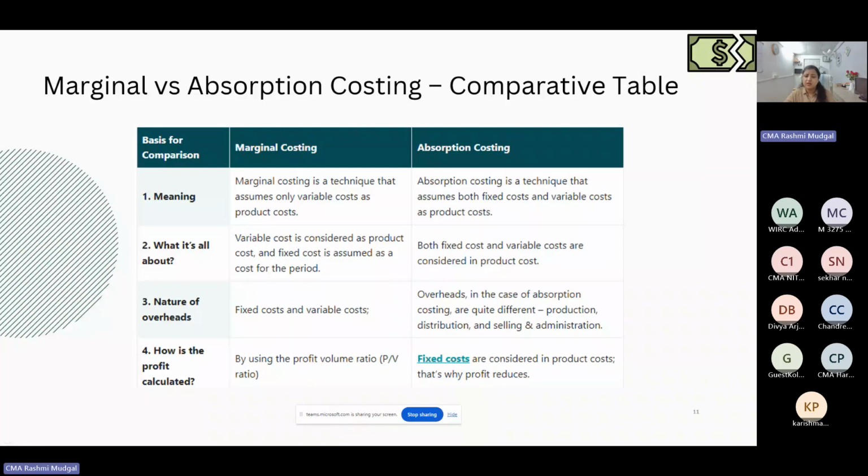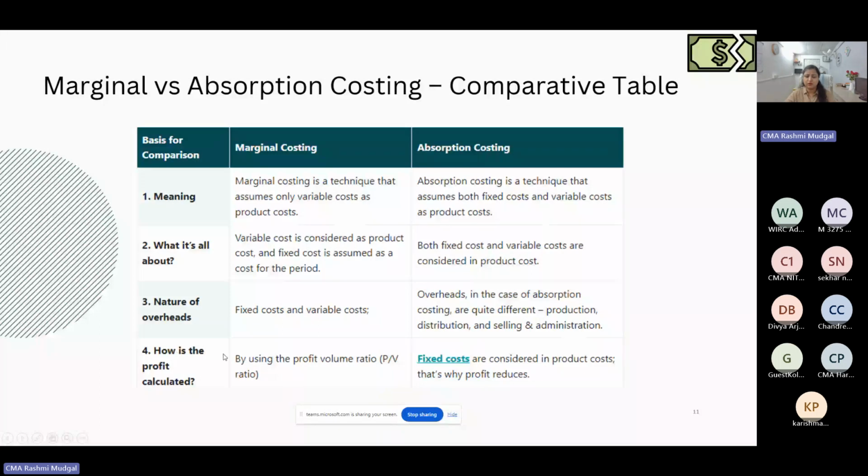But in absorption costing, both fixed cost and variable cost are considered in the product cost. Regarding the nature of overheads, again fixed and variable cost both are taken into the overheads. Overheads in absorption costing are quite different: production, distribution, selling, and administration overheads. This is the kind of cost distribution.